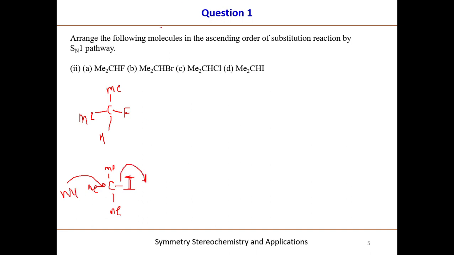But in case of the SN1 pathway, what happens here? First carbocation formation takes place, then the second step is a nucleophilic attack.